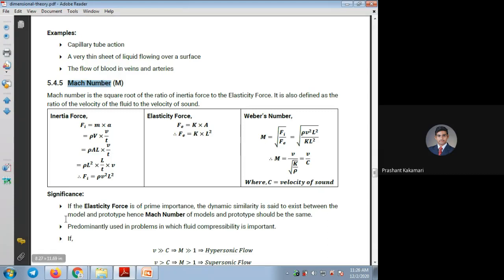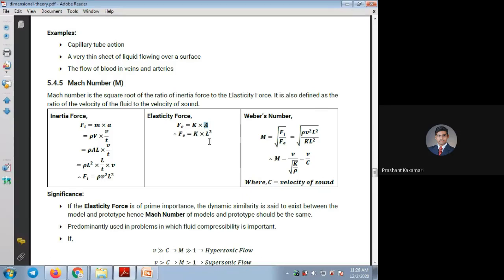So here, finally, the elastic force of any body is the multiplication of bulk modulus into area. The bulk modulus is K here. Area is substituted as L square.